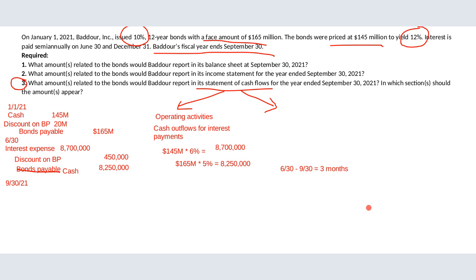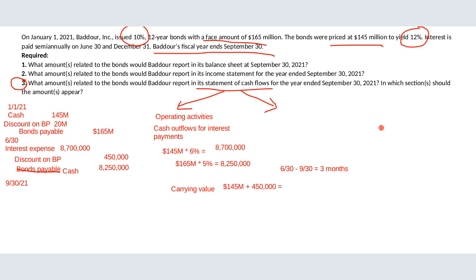All right, and so we are going to calculate our interest expense. So the carrying value of the bond will be the 145 million, oh no, I'm sorry, plus 450,000. So this is a lot of zeros.